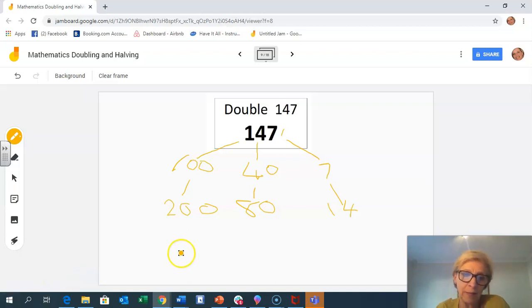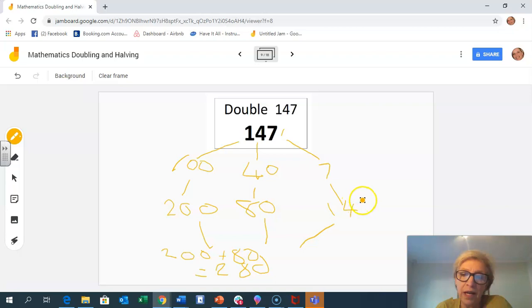Right, let's bring this number and get the answer. Let's bring it back and add them all up together again to get our correct answer. So 200 plus 80 is 280. Running out of page space.